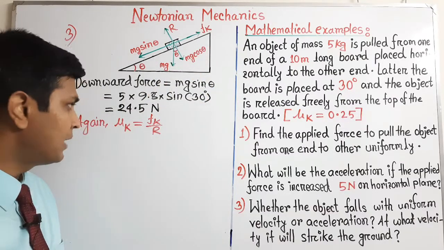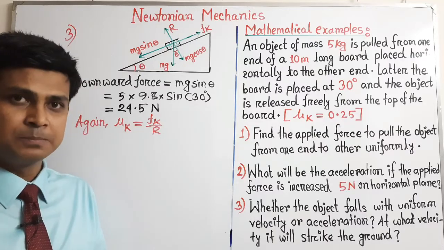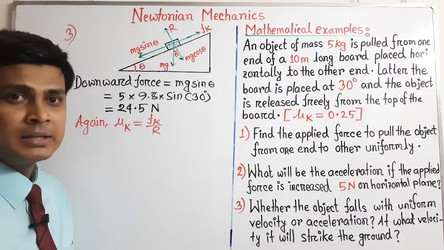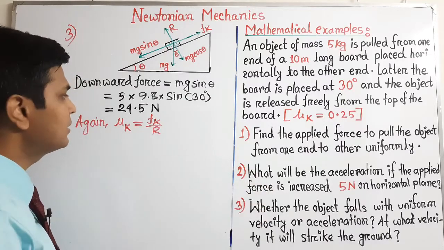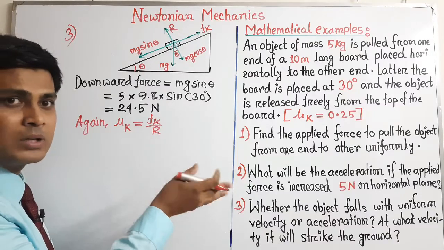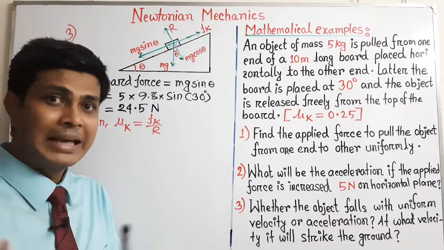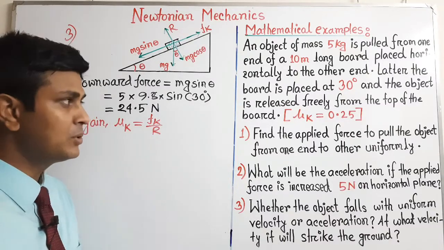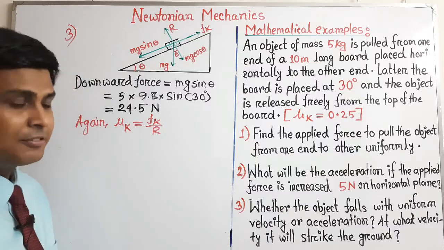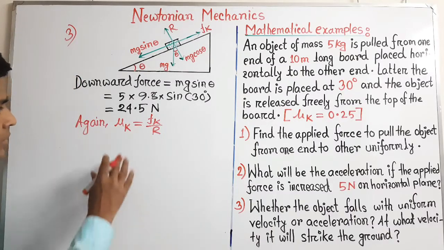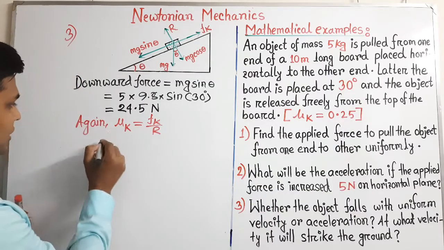So in place of R we can write mg cos theta. But in our previous math, in a horizontal plane, the reaction force was equal to the weight, that is mg. So this is the difference between the inclining surface and the horizontal surface. Now let's calculate the frictional force.